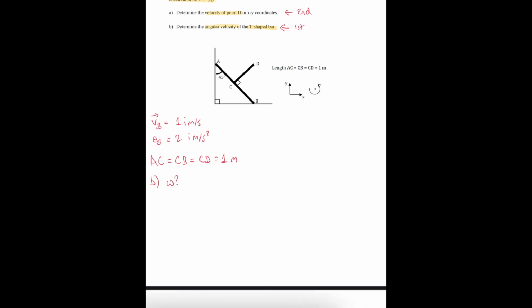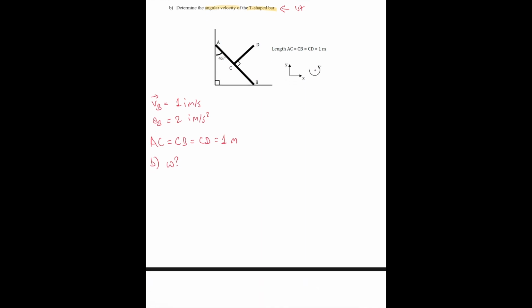So part B asks us for the angular velocity of the T-shaped bar. And to do that, we're going to use our relative motion, to find VA with respect to B, which is equal to VA minus VB.